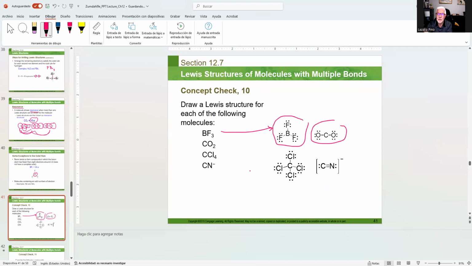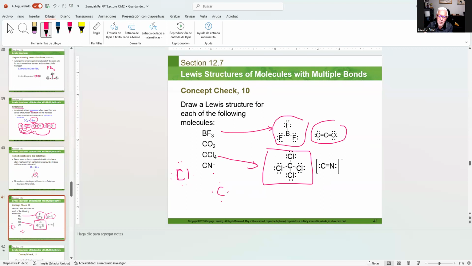I'm going to develop, for example, this one. CCl4. Well, the central atom is carbon, of course, and carbon is in group 4, then it has 4 valence electrons, yeah? And chlorine is in group 7, then it has 7 valence electrons.